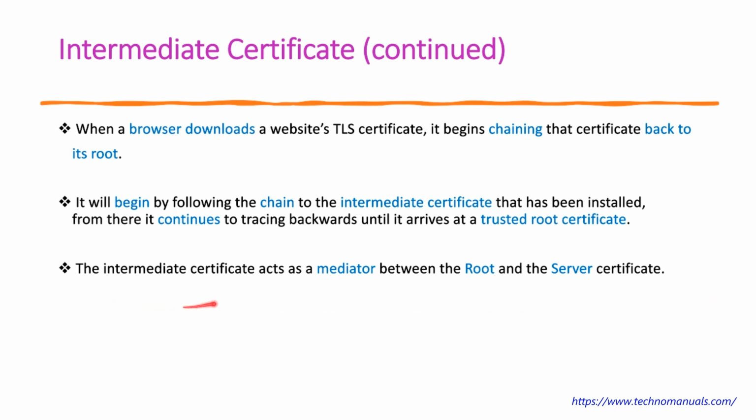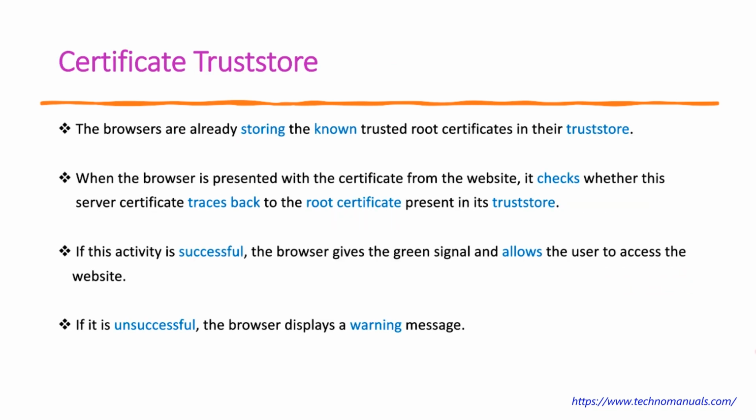The intermediate certificate acts as a mediator between the root and the server certificate. Certificate trust store. The browsers are already storing the known trusted root certificates in their trust store. When the browser is presented with the certificate from the website, it checks whether the server certificate traces back to the root certificate present in its trust store.